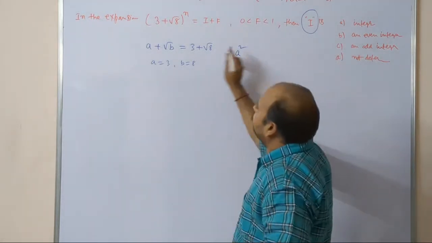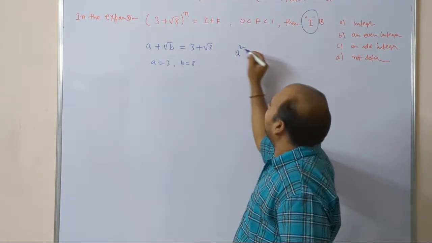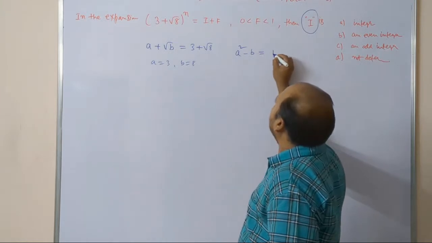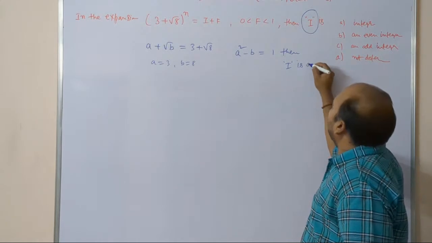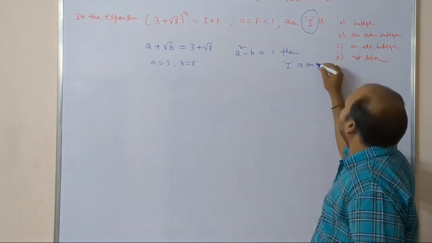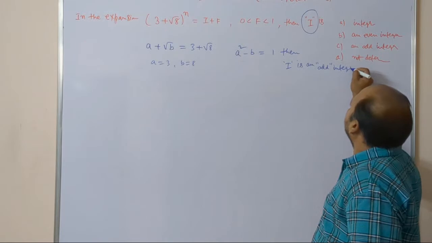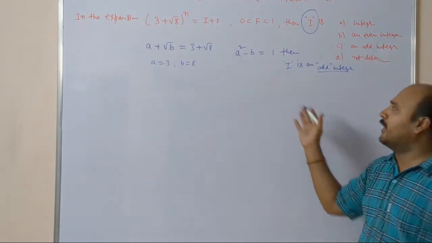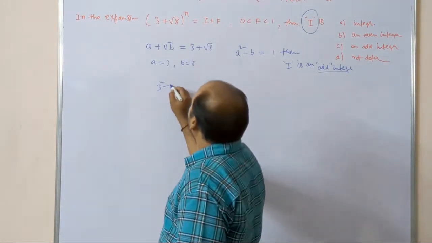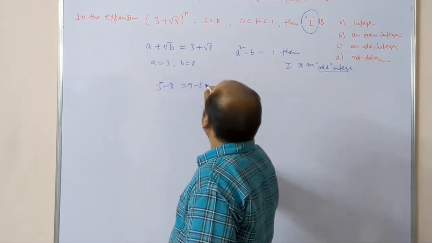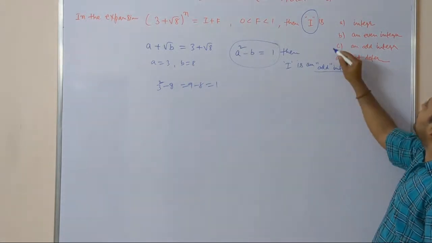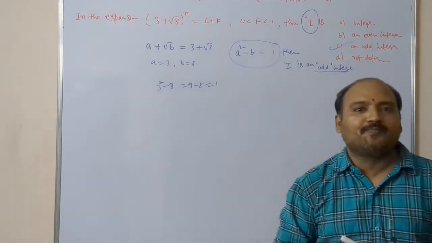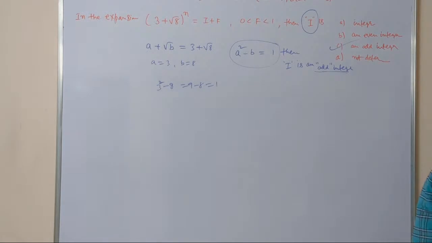If a square minus b is equal to 1, then I is an odd integer, you remember. Otherwise, we can write it as an even integer. So here 3 square minus 8, 9 minus 8, 1, we are getting now, this condition satisfies. So odd integer is the right answer. That's it. Odd integer. These type of questions you can practice.